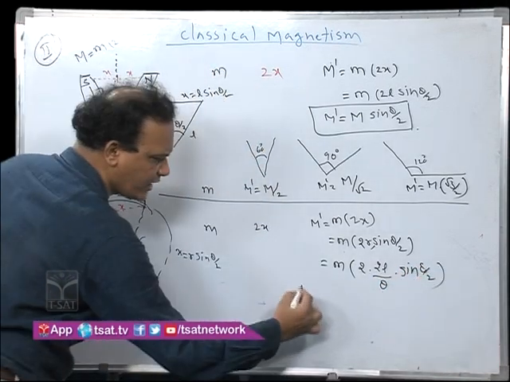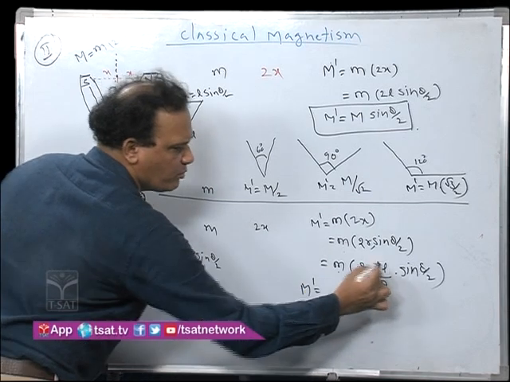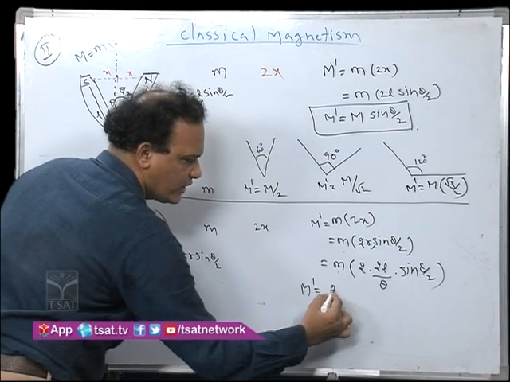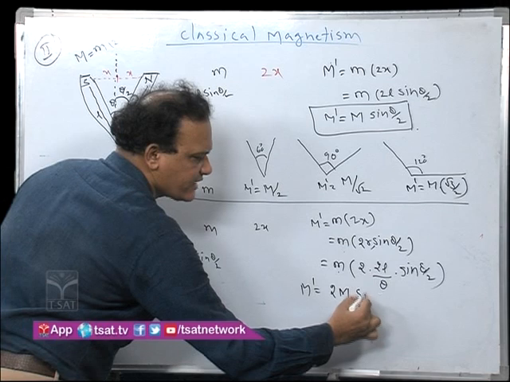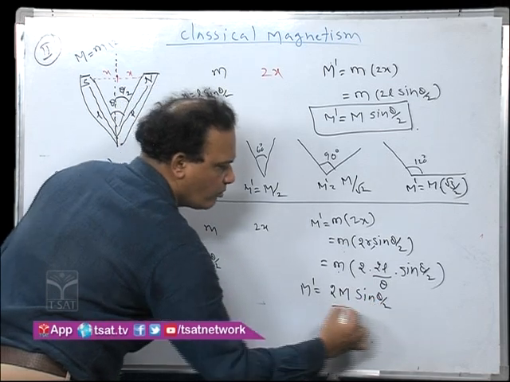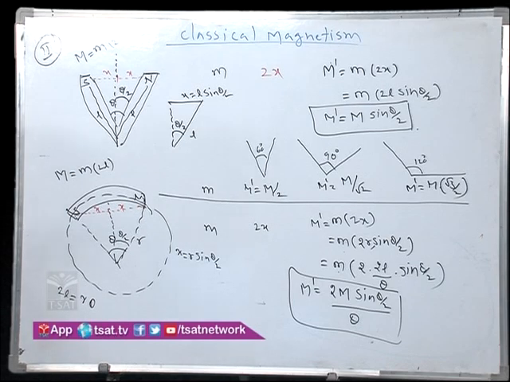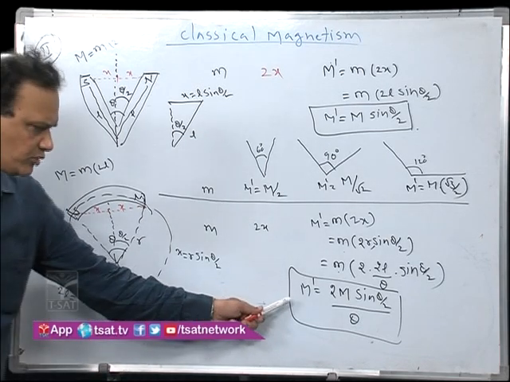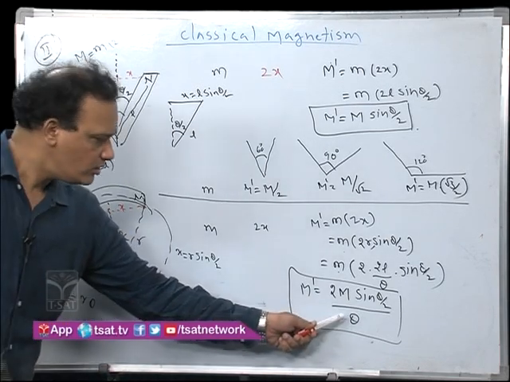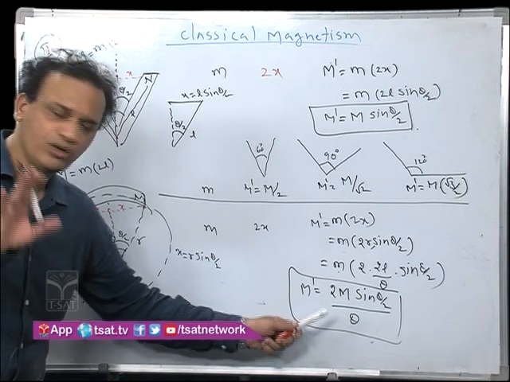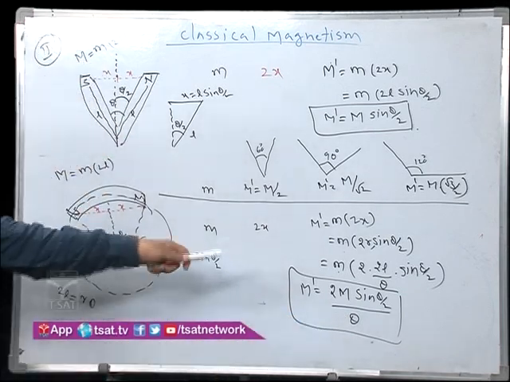So its new magnetic moment is m into 2l, the initial magnetic moment, times sin theta by 2 by theta. Here theta is in radians only, the SI unit.